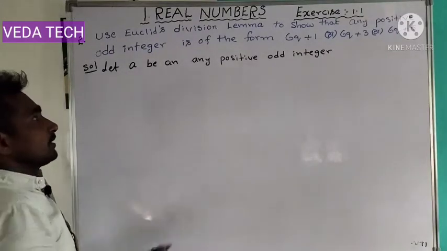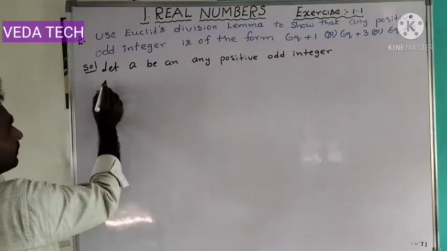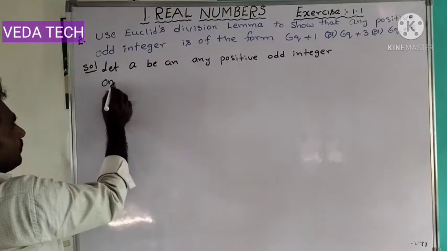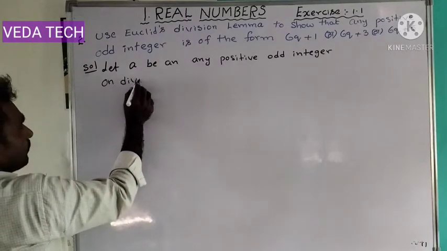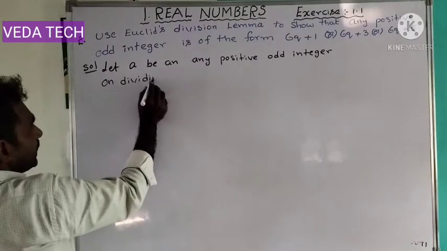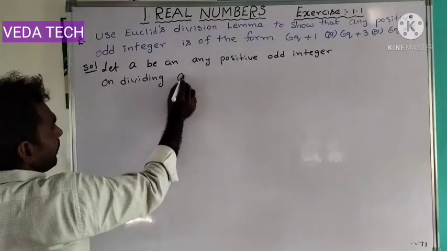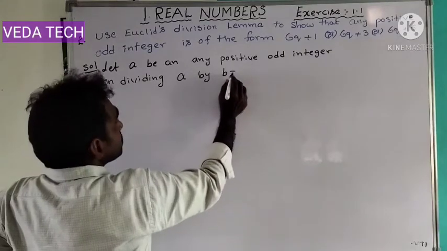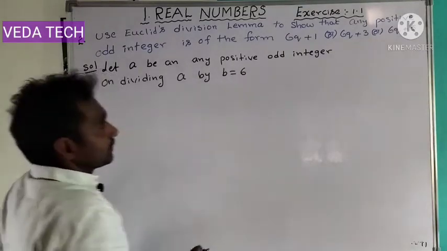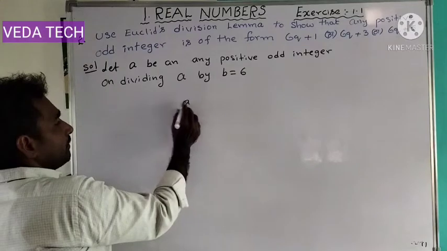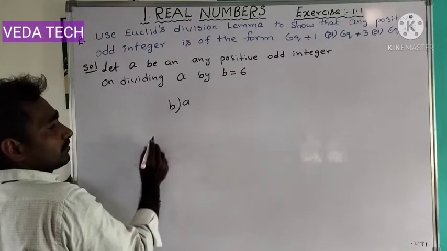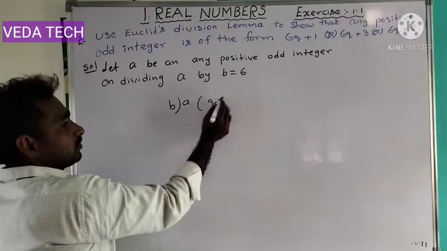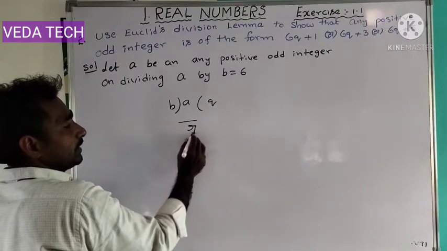On dividing a by b, where b is equal to 6, there exist q, the quotient, and r, the remainder.